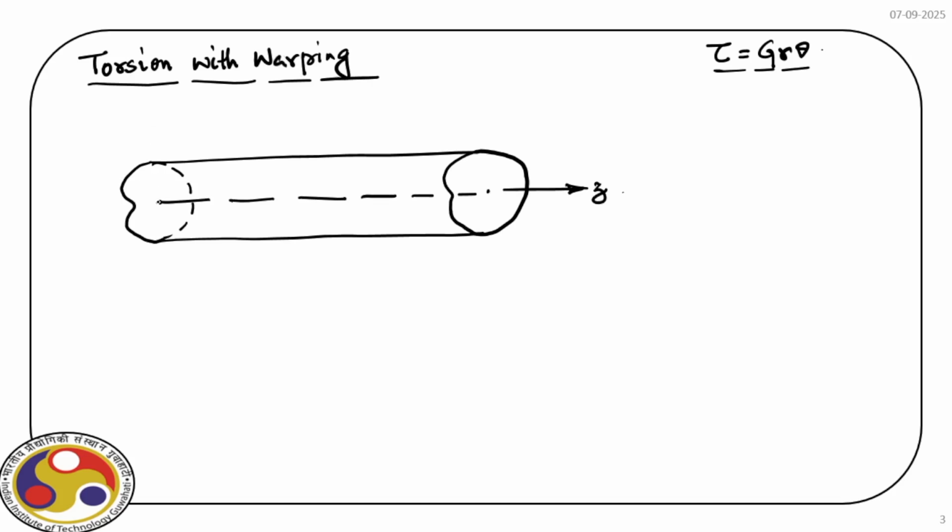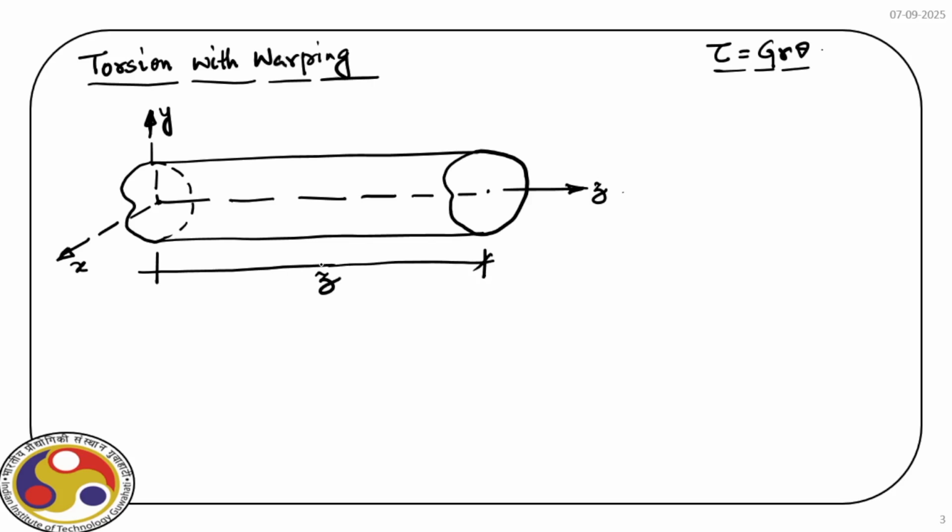At the section level, we have two more orthogonal coordinate axes: this is y and we have x. Now the length of the shaft is, say, z.